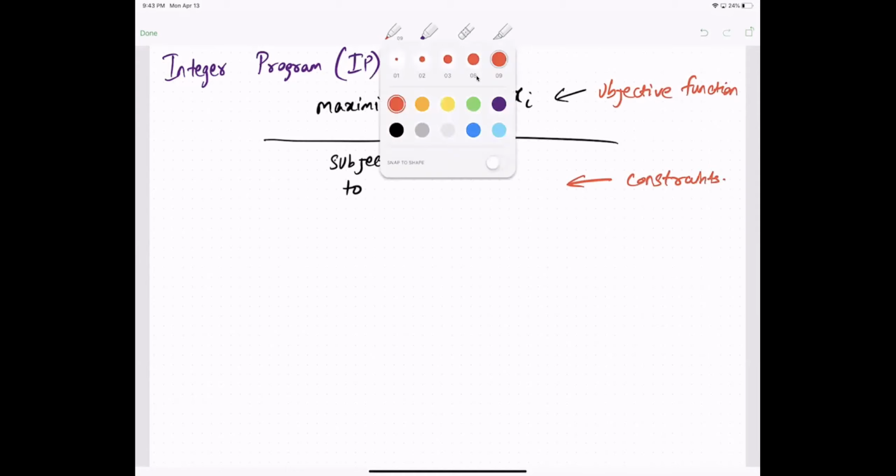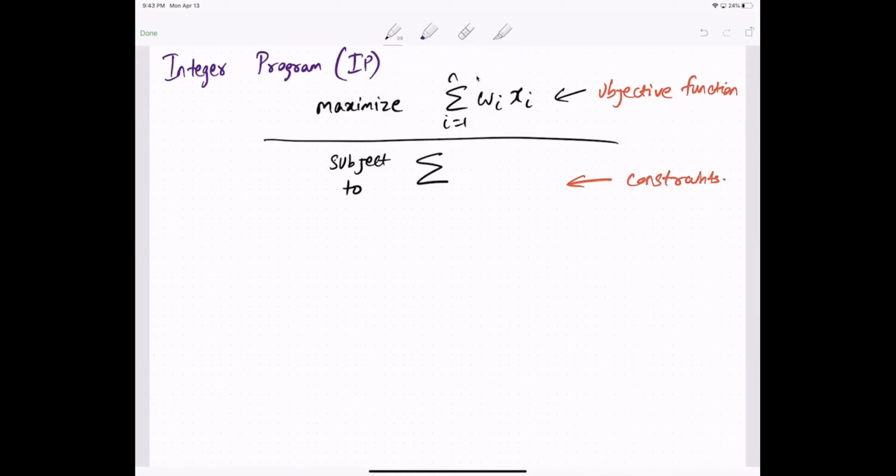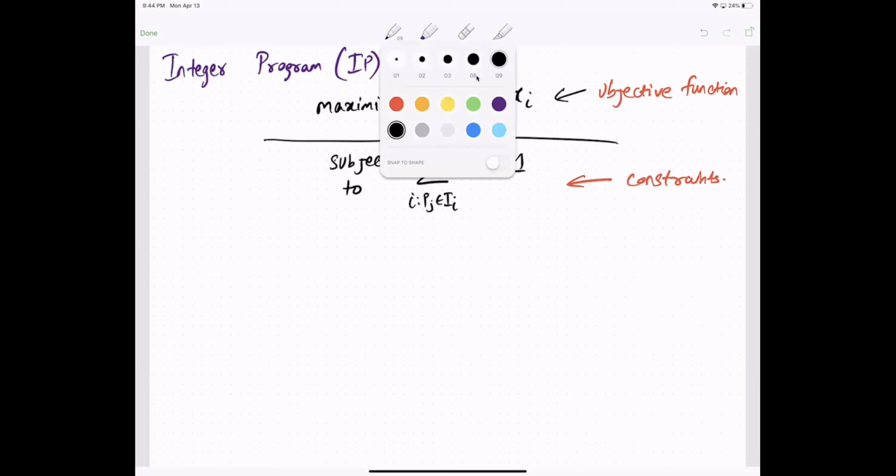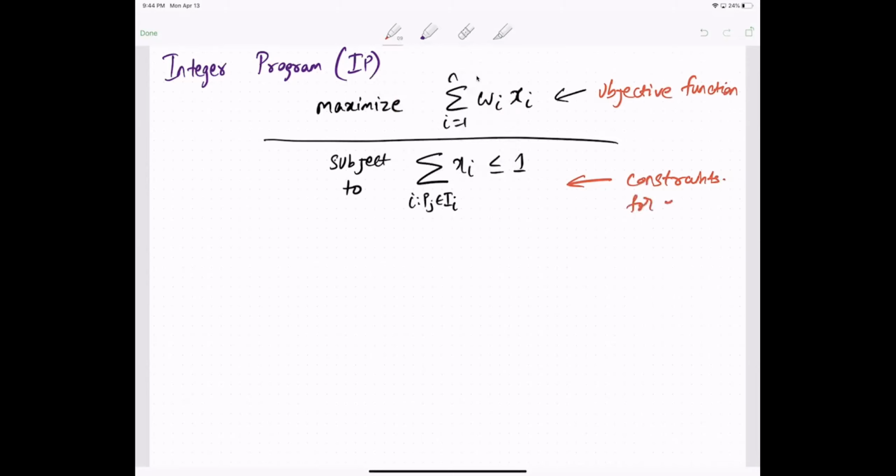And what are the constraints here? The constraints are the following. I'll write the constraint for each endpoint.